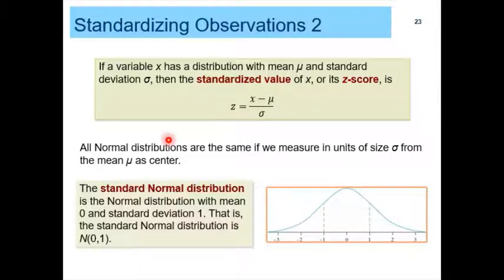We represent it as N(0,1), where 0 is the mean and 1 is the standard deviation, and it looks something like this. Here we can see the mean and the standard deviations going out from there.